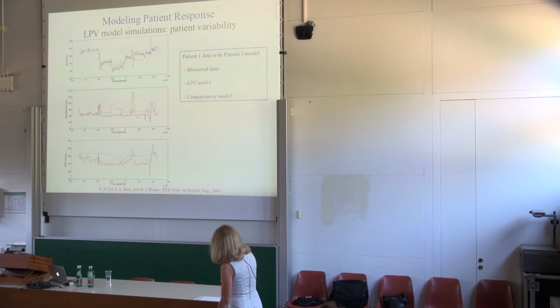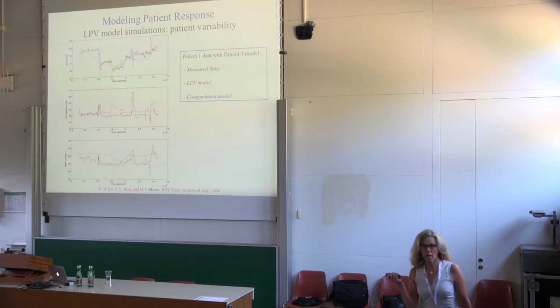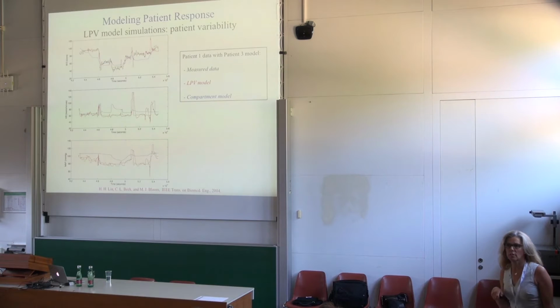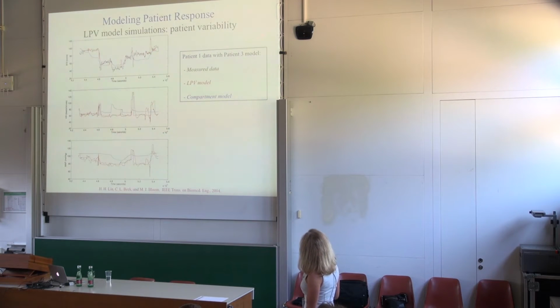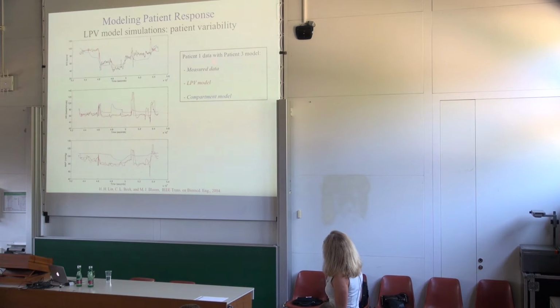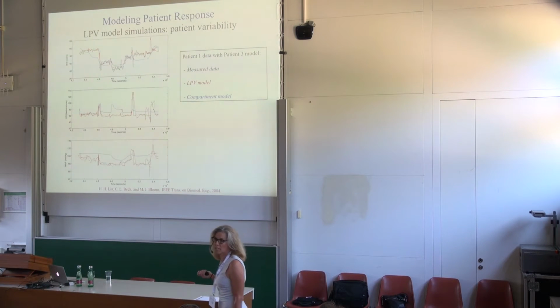Here's a second example where we wanted to see how well a model for one patient worked for another patient's data. So we took the model we constructed for our third patient, or volunteer really, and applied the data for patient 1 and then compared it to the output data for patient 1.